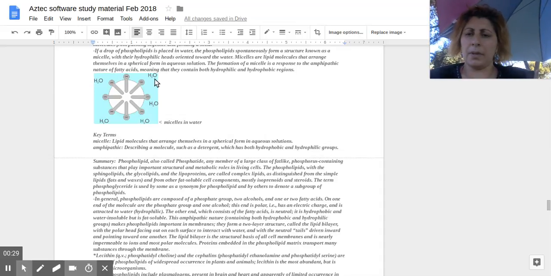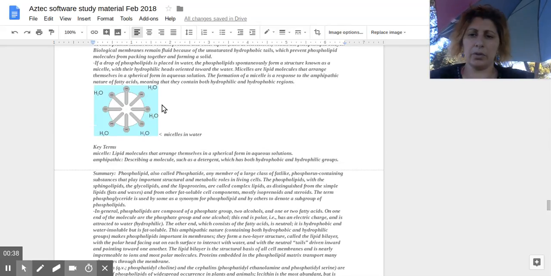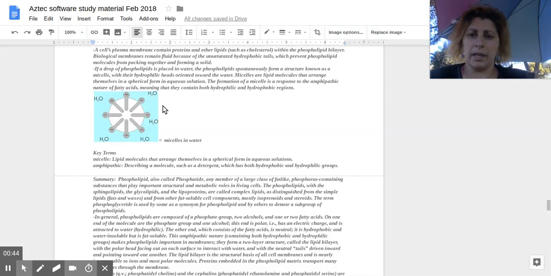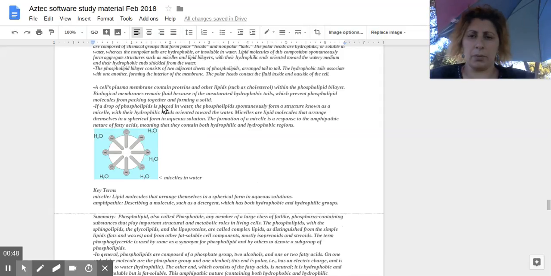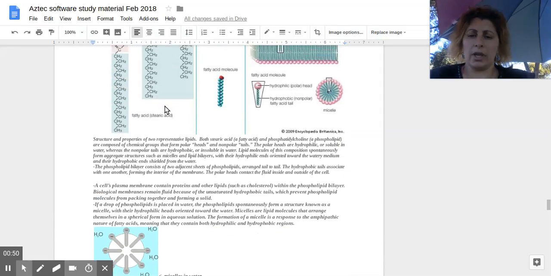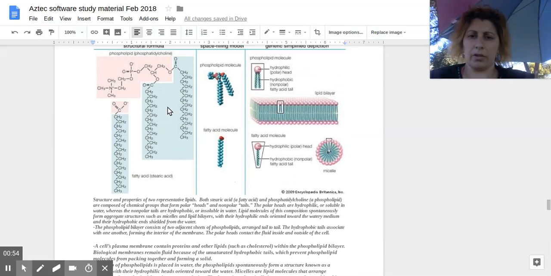Phospholipid molecules have polarity as well as non-polarity. They're a large molecule with a fatty acid nonpolar tail and a glycerol backbone attached to a phosphate group, which is usually attached to an alcohol group.